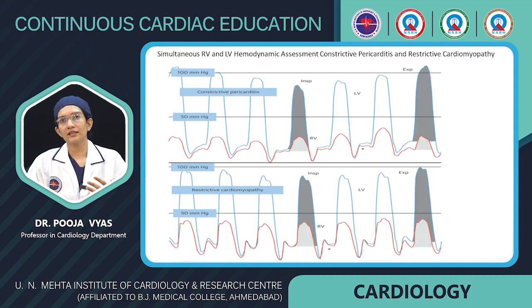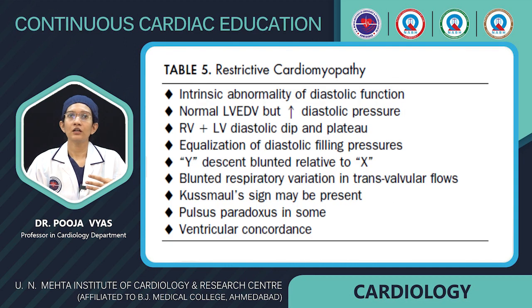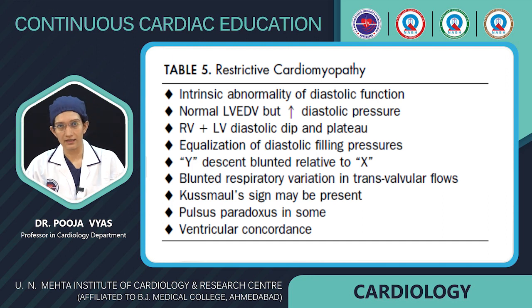Even cardiac catheterization is helpful in diagnosing restrictive cardiomyopathies, and typically it helps in differentiating restrictive cardiomyopathy from constrictive pericarditis. So the typical cardiac cath findings of restrictive cardiomyopathies are as follows. Restrictive cardiomyopathies have abnormality in diastolic function.